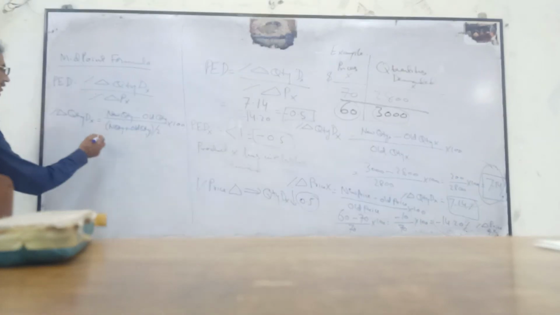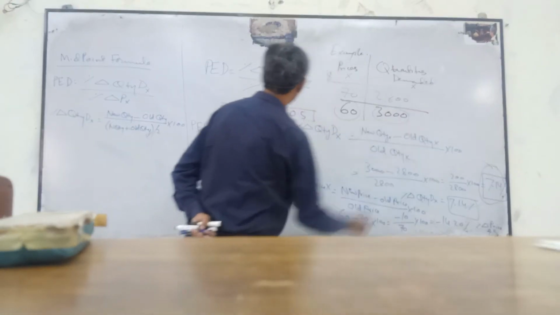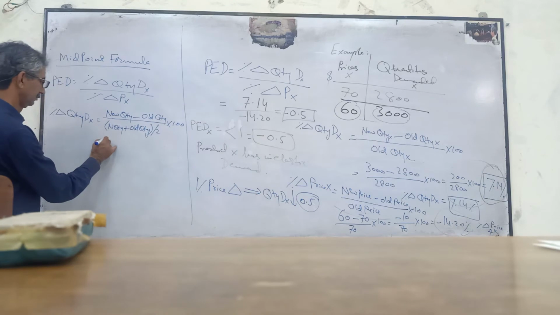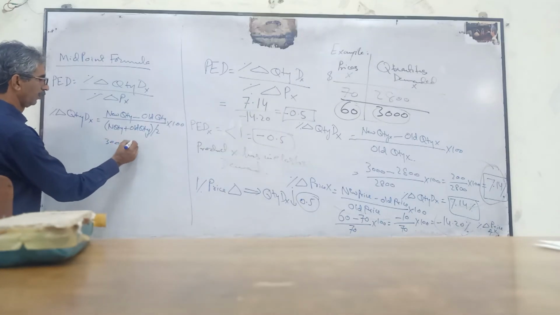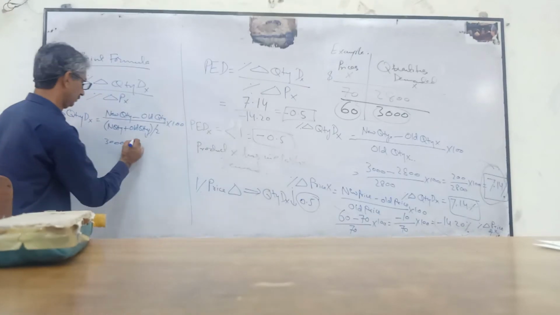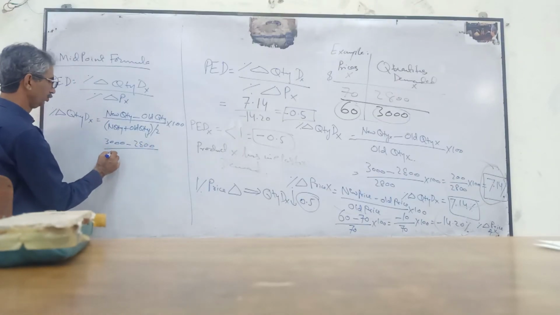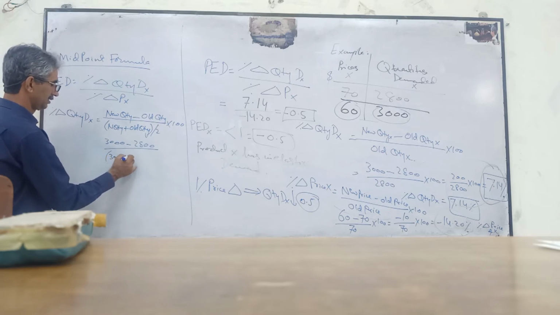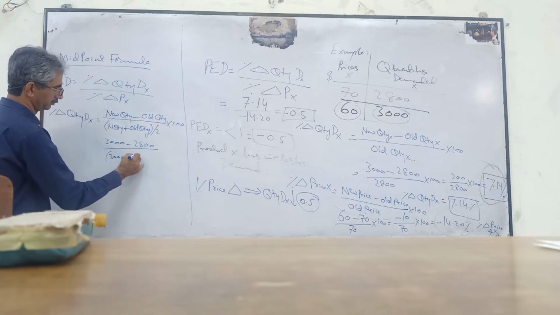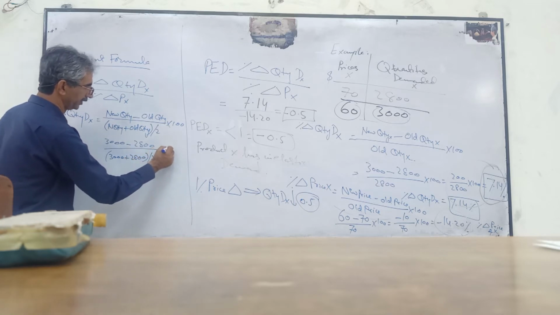So here we can see what is the new quantity. Our new quantity is 3000. The old quantity is 2800. So (3000 minus 2800) divided by (3000 plus 2800) divided by 2, into 100.